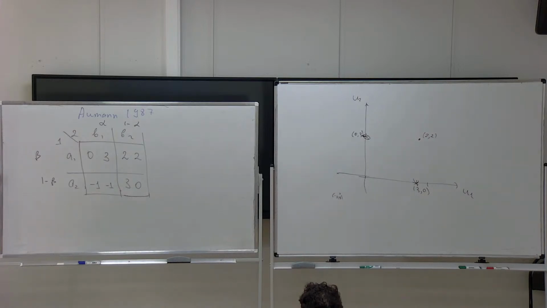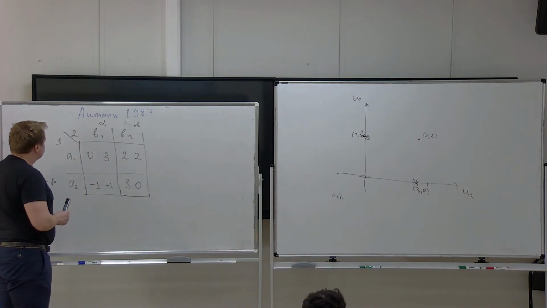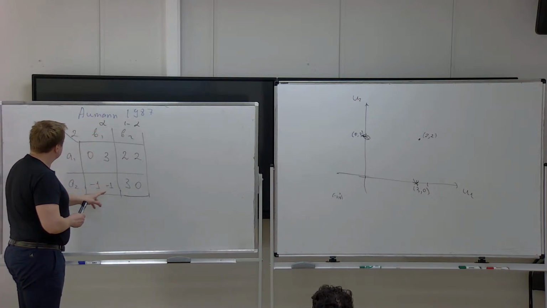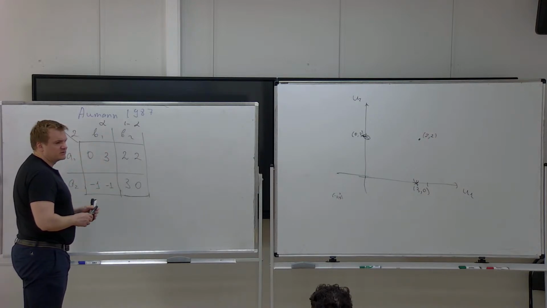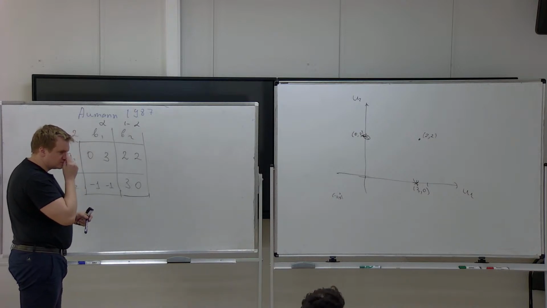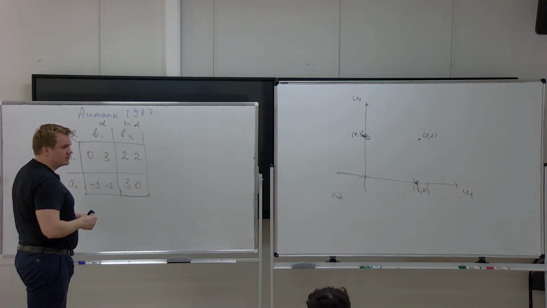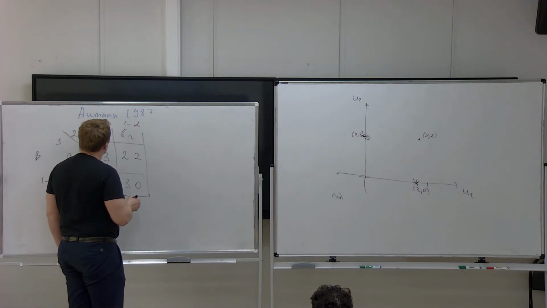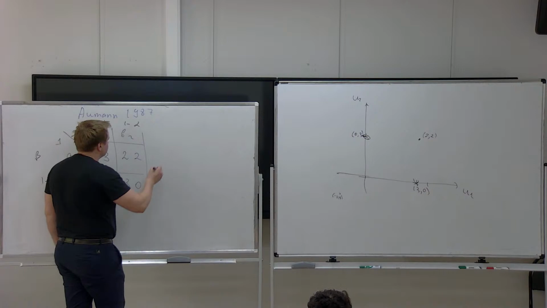We can compute the payoff of, let's say, the second player. It's going to be alpha times 3 beta minus 1 minus beta. So if he plays b1, his payoff if he plays b1 is 3 beta minus 1 minus beta.